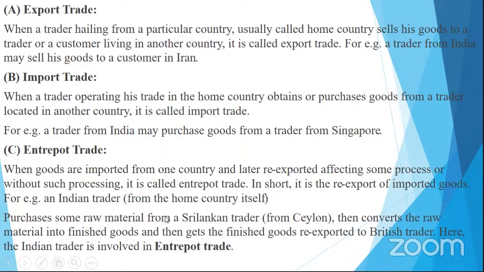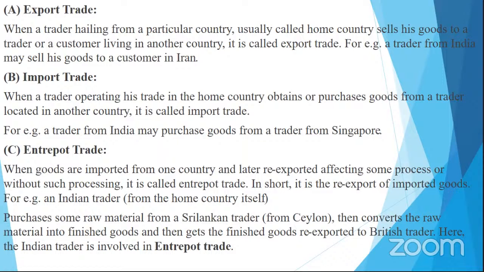For example, an Indian trader from the home country purchases some raw materials from a Sri Lankan trader from Ceylon, then converts the raw materials into finished goods and then gets the finished goods re-exported to a British trader. Here, the Indian trader is involved in entrepot trade.